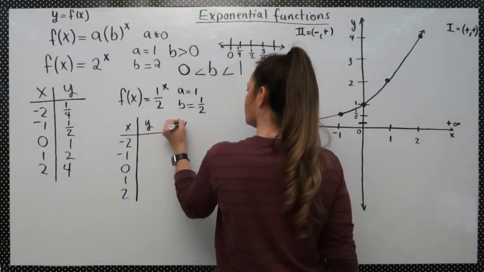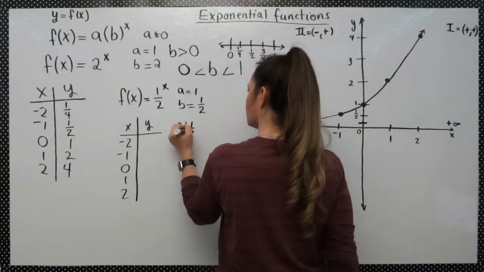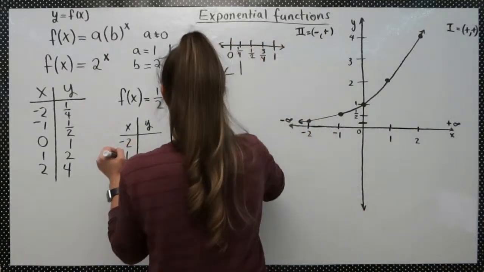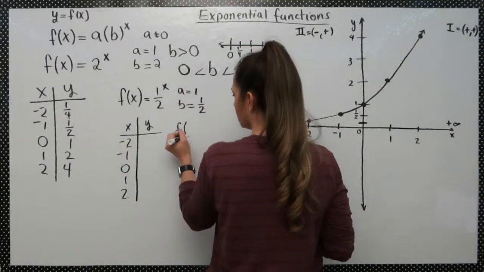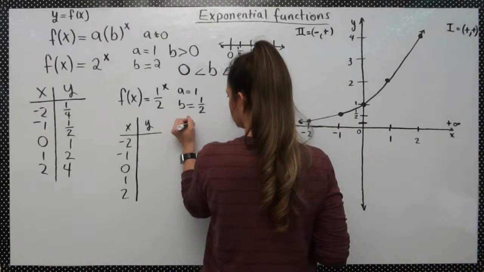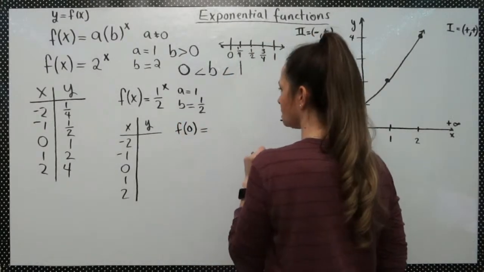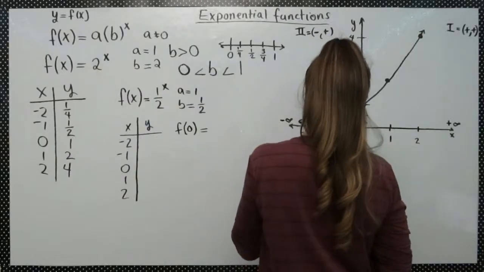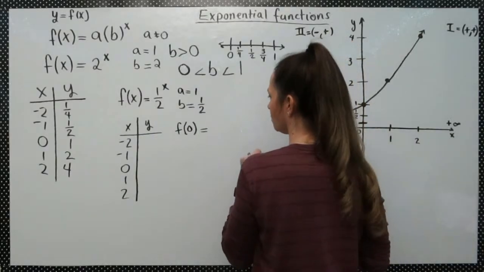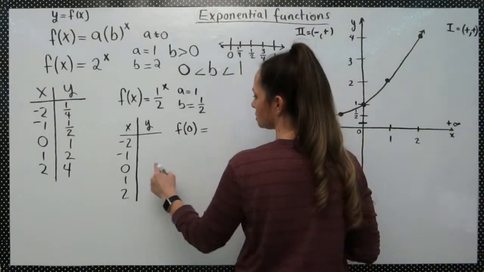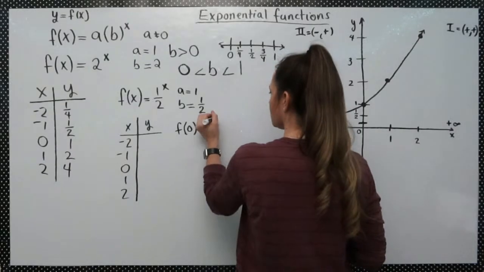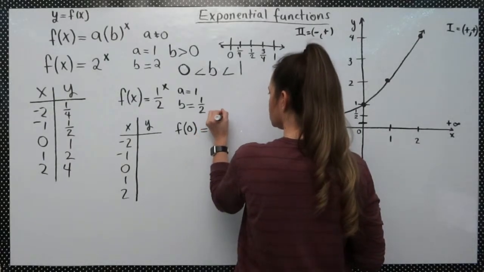So f of 1/2, or -2. Let's do 0 first. It's negative numbers. Let's start off with something that's easy to calculate. 0, -1, and 1 are the easiest ones. So we're going to start here in the middle. We'll say 1/2 raised to the 0 power.